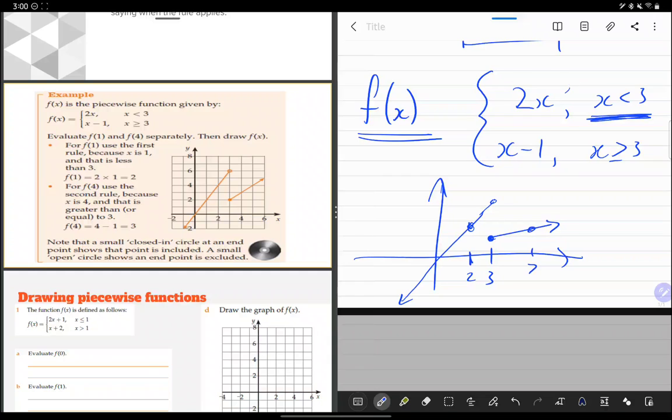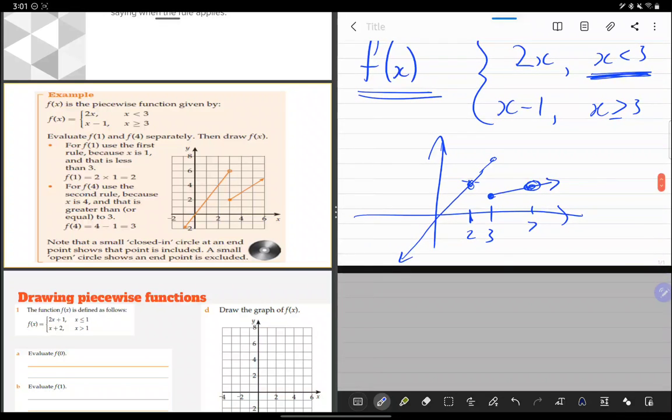When x is 7, we don't use the equation 2x anymore, because when x is greater than or equal to 3, this equation applies now. So we use x minus 1 to find out what the function, or what y would be, what that point would be when x is 7.